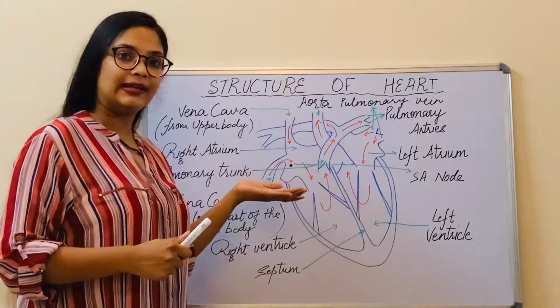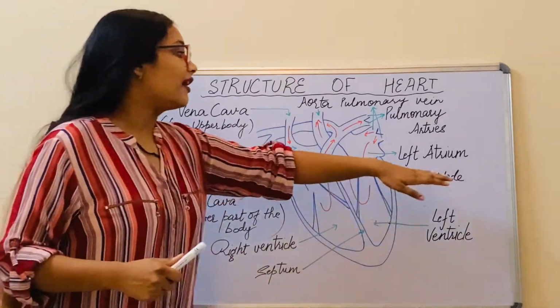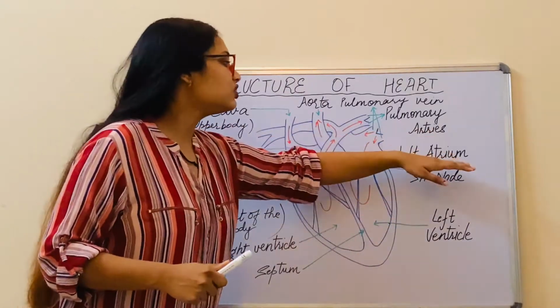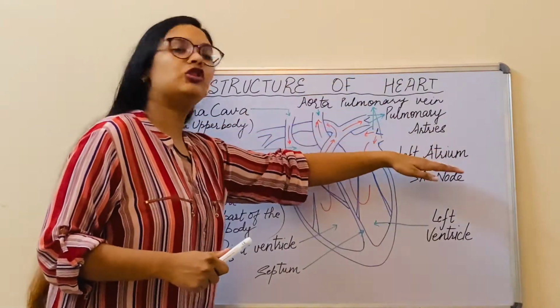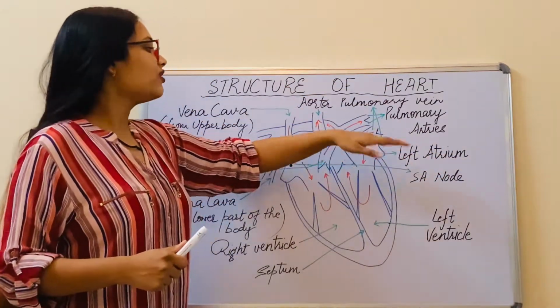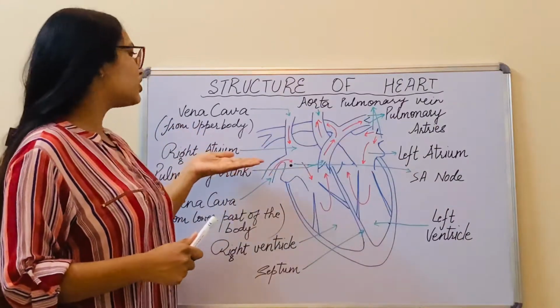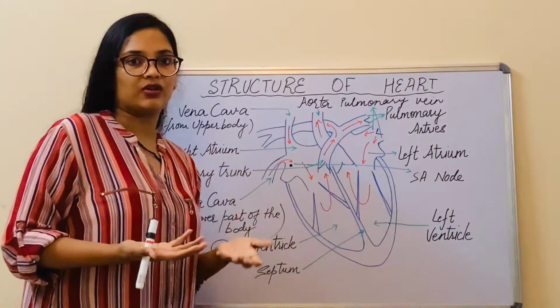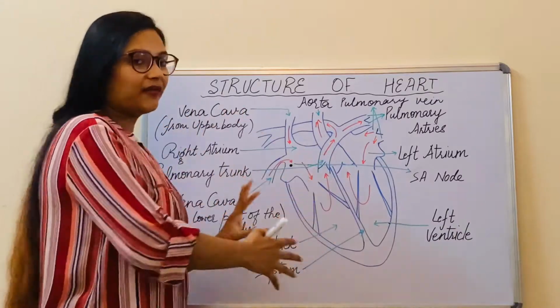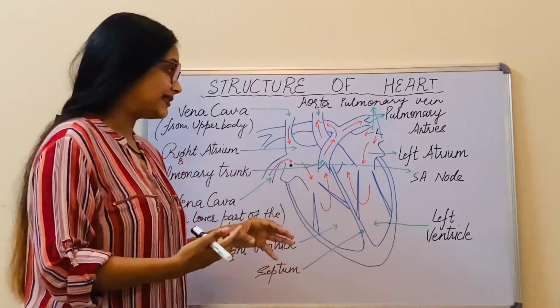So back to the left atrium, the oxygenated blood from the lungs has come to the left atrium. With the contraction, the atria contract together and the ventricles contract together. So all this I am telling you is happening simultaneously.